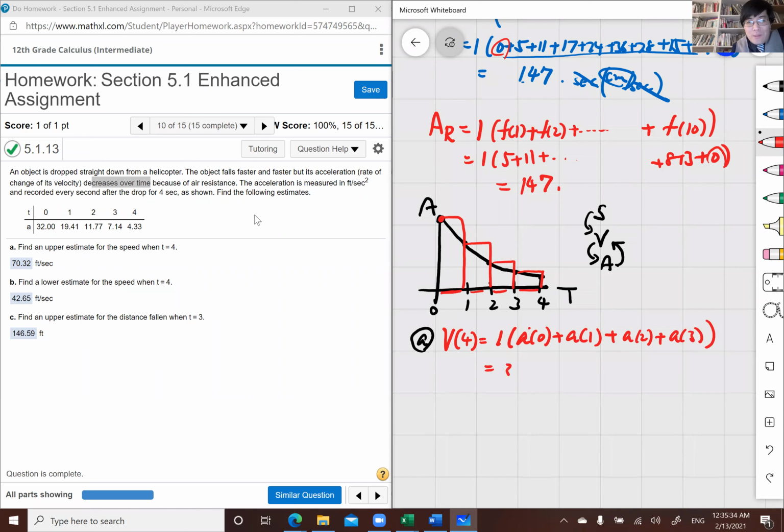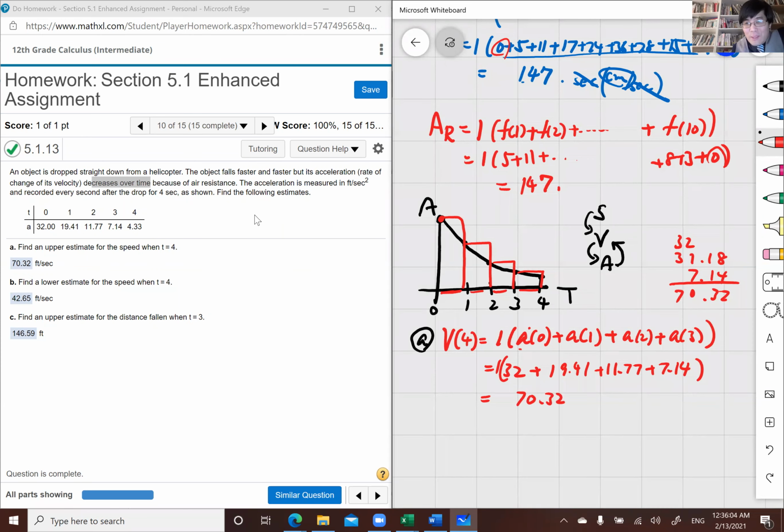So that's going to be 32 plus 19.41 plus 11.77 plus 7.14. Oh, that's tedious. 32, 31.18, and 7.14. It's going to be 70.32.